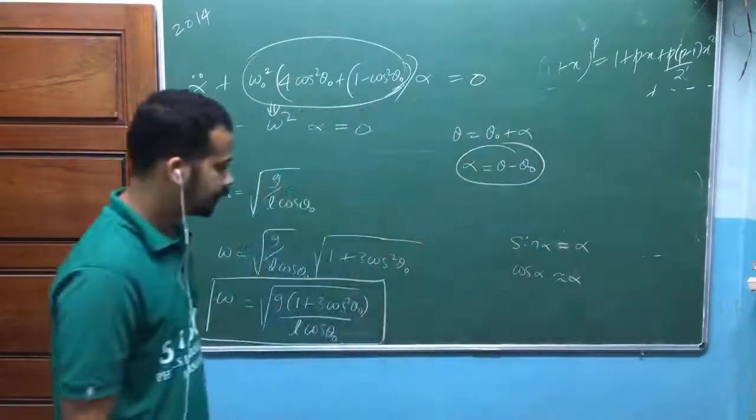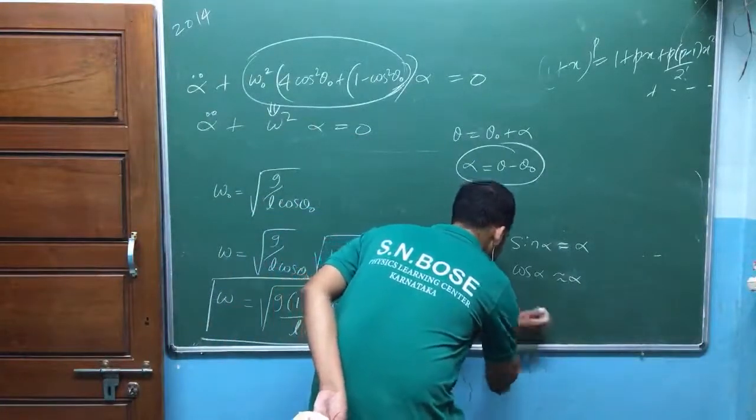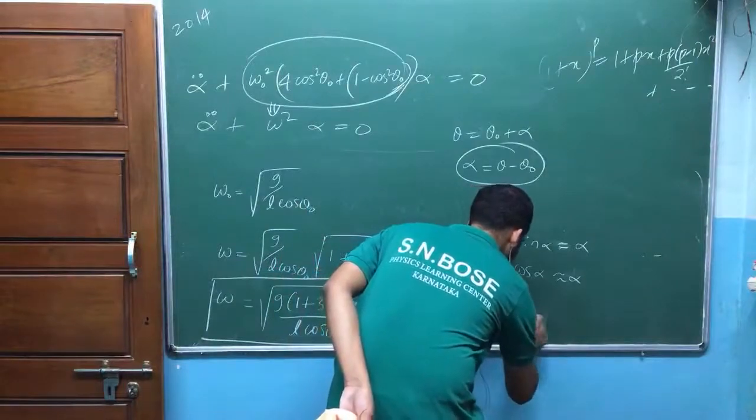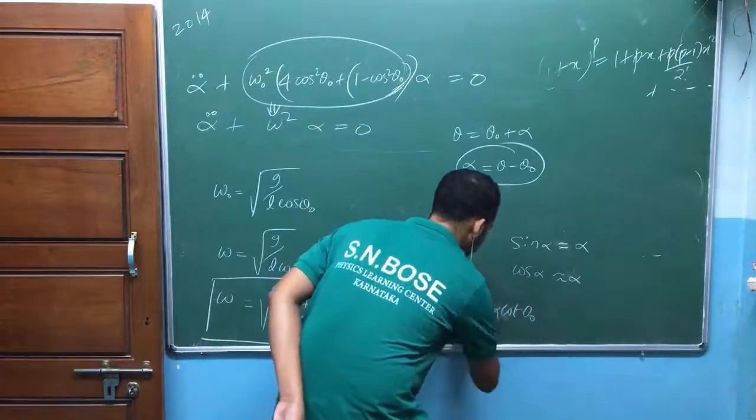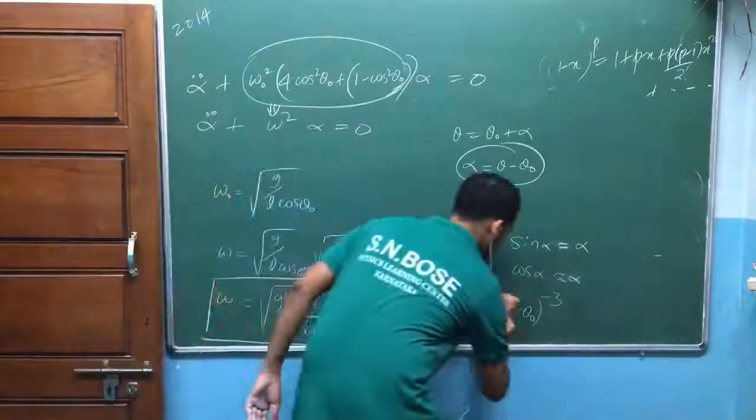Another assumption, and one more assumption: somewhere we have written 1 plus alpha cot theta naught whole power minus 3, am I right? Another term was there.